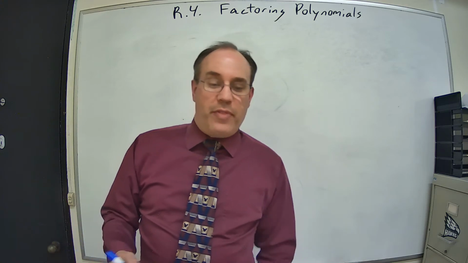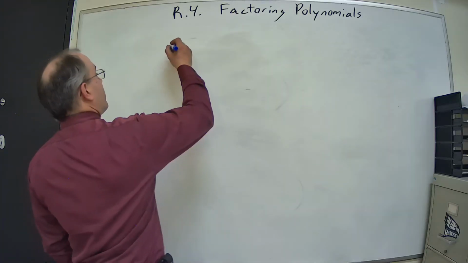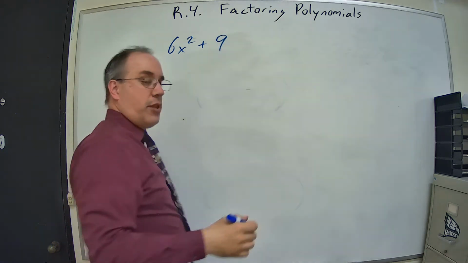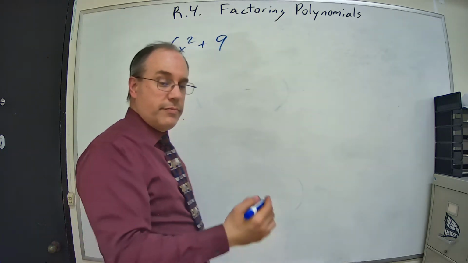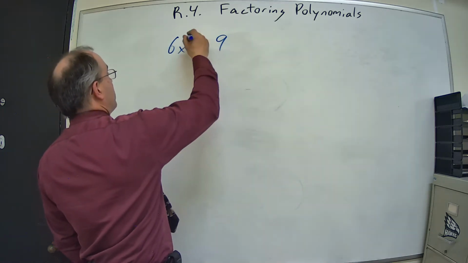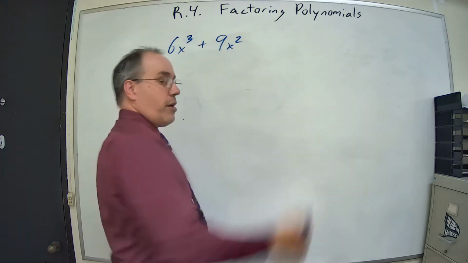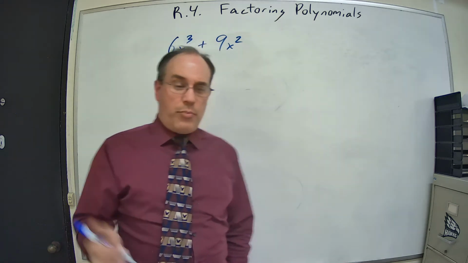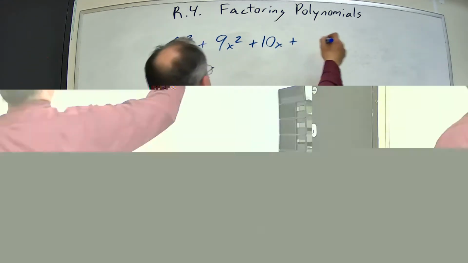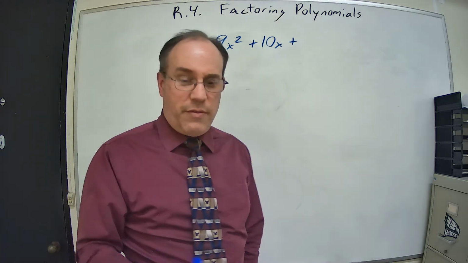So an example of that: 6x cubed plus 9x squared plus 10x plus 15.